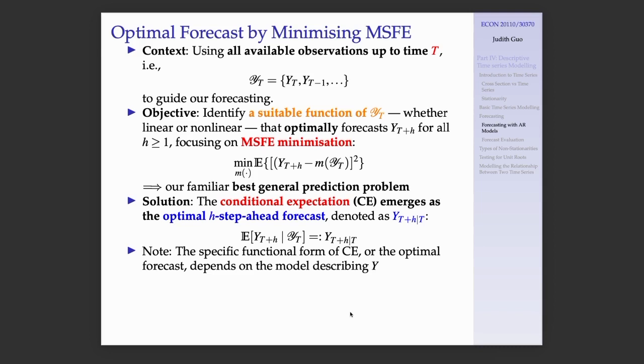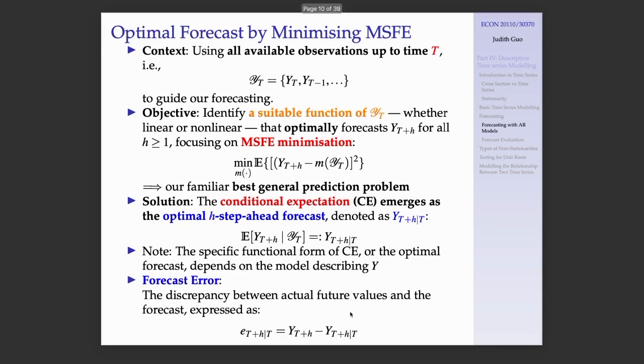Okay? If it's an AR model, then the specific functional form would depend on our AR model specification. If it's an MA model, it would then depend on that specific model specification. So we're going to see in a bit that we shall establish our optimal forecast using the AR model.